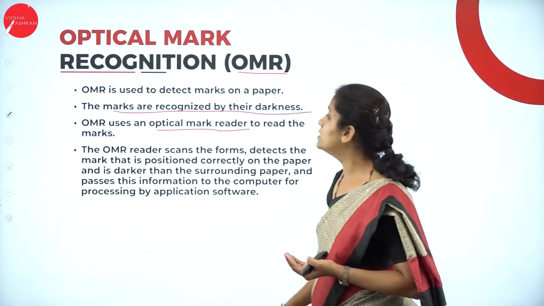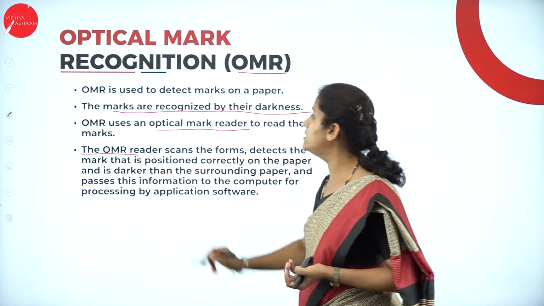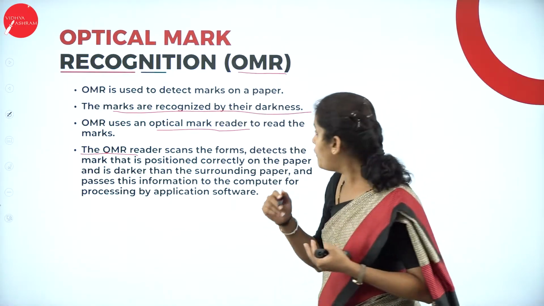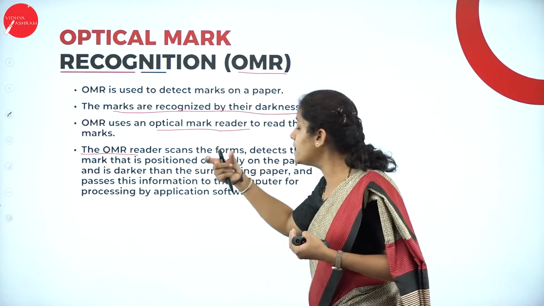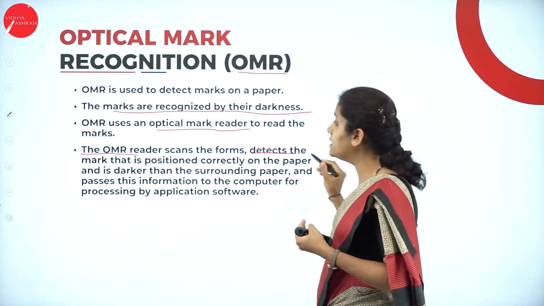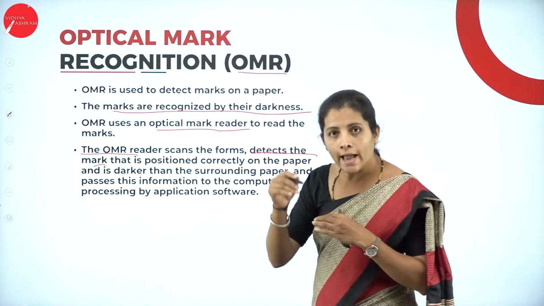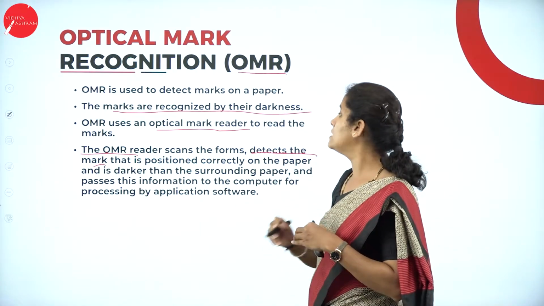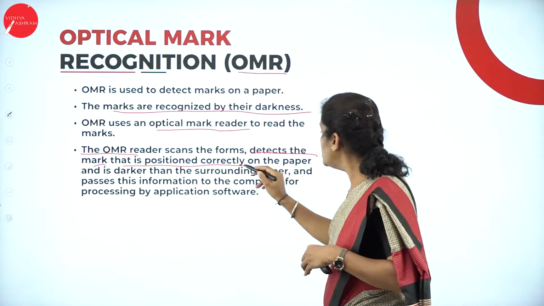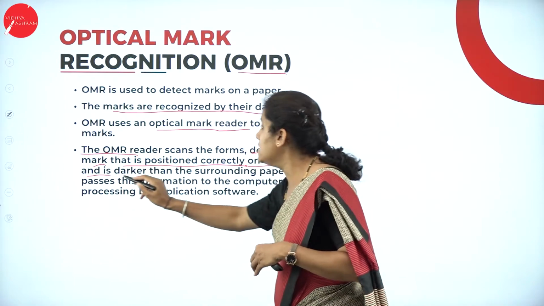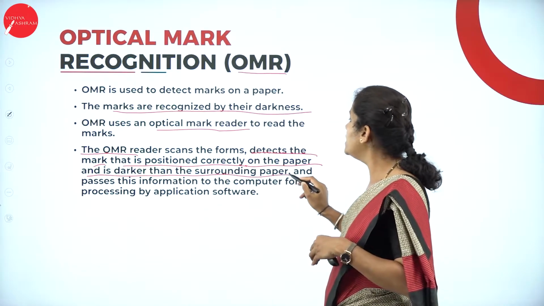The job of the OMR reader is to scan the form and detect the marks that are positioned correctly on the paper and are darker than the surrounding paper.